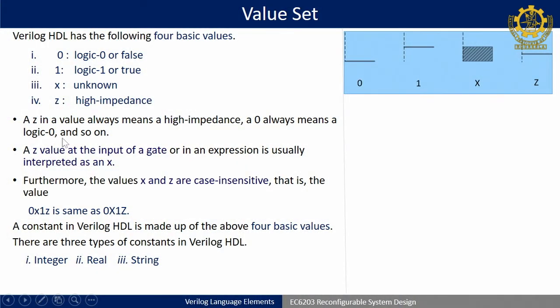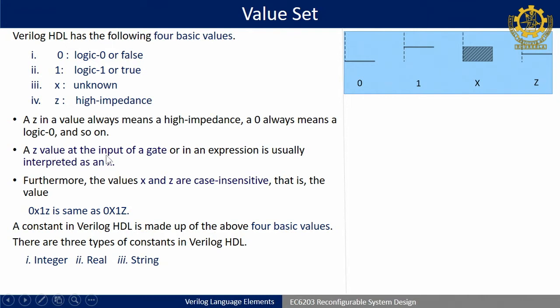There are tri-state buffers where switching activity goes on. We will see this in the detailed class on gate level modeling. At that time output may go to Z. That is the high impedance state, the switch is off, you can say the transistor as a switch is off. Okay. So, mostly these 4 logic values are supported. A Z value means high impedance, 0 is logic 0, and similarly 1 is logic 1.